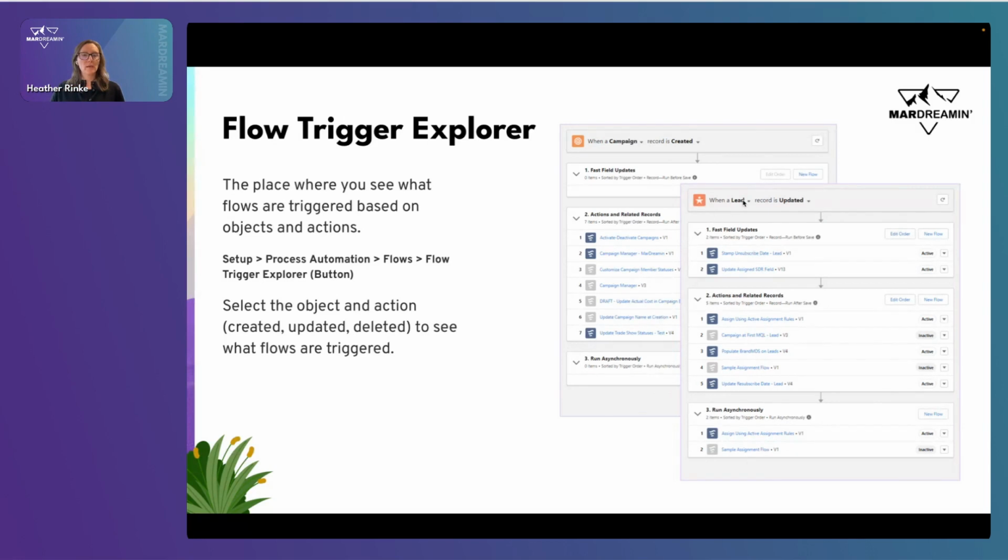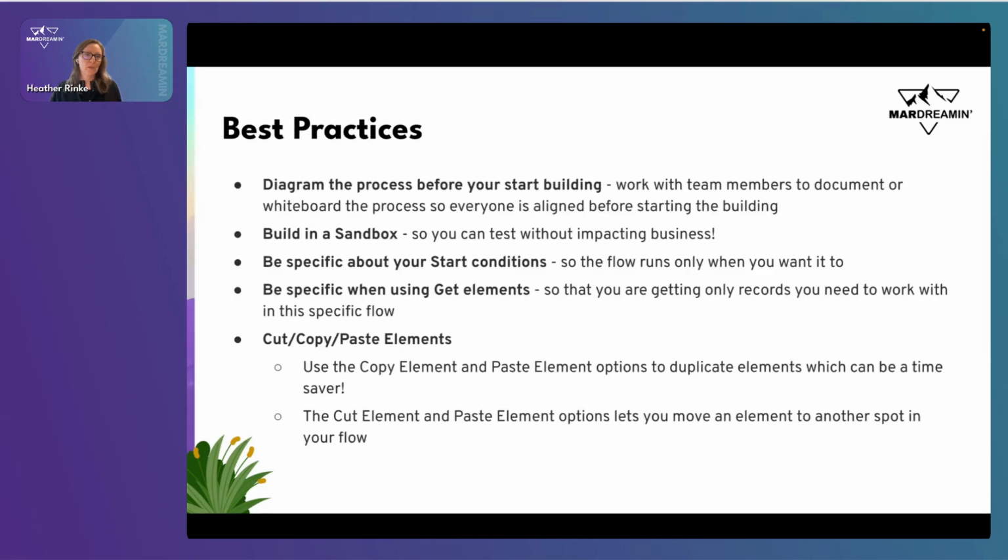Okay, when a lead is updated, these are all the flows that are running, either active or available and inactive. So it gives you an idea if there's something already out there that may be close to what you're looking for, and just might need a little tweak or additional action added. So it's a good idea to take a look at that before you start building.